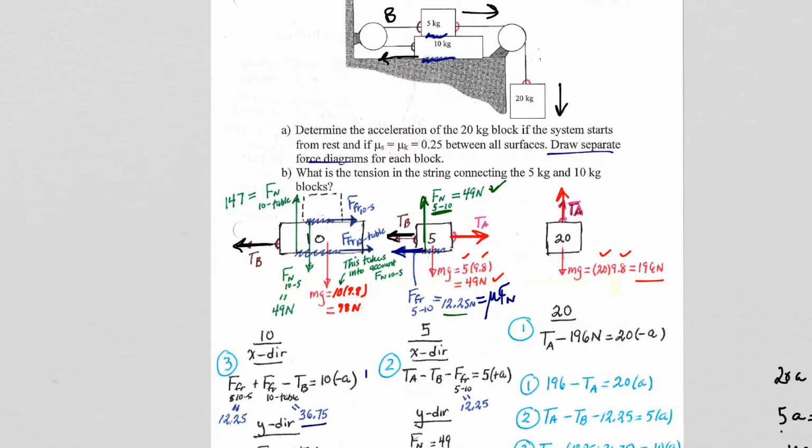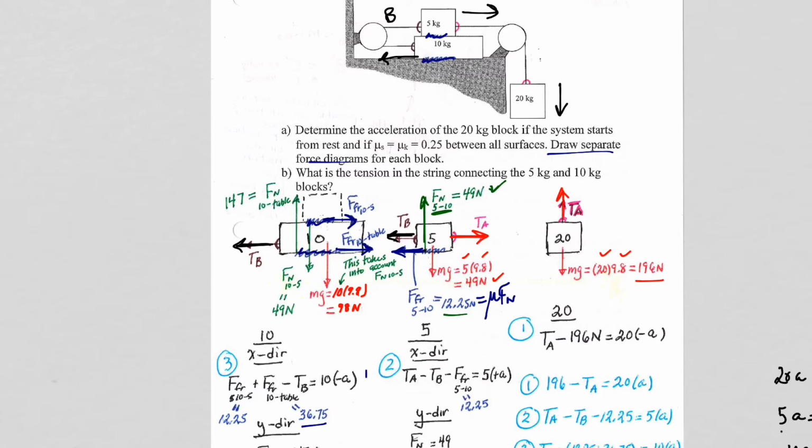So whatever friction is in the problem at all will have to oppose that motion, and in this case, will have to go to the right. So the friction between the 5 and the 10, and the friction between 10 and the table, will both have to go to the right, opposing the motion or tendency of motion for that 10 kilogram block to the left.